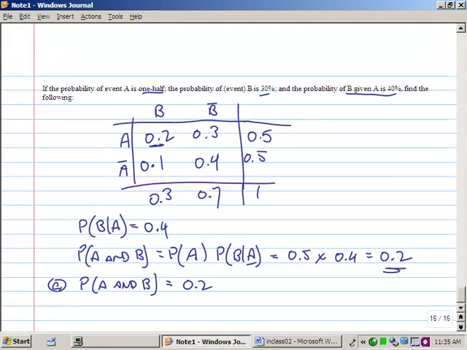Part B, probability of A or B. Alright, or the addition rule. And means multiply, or means add.